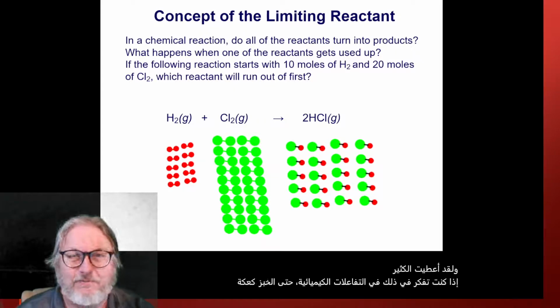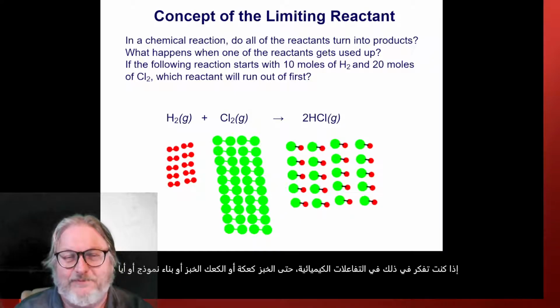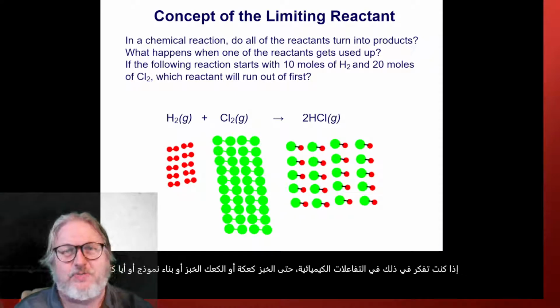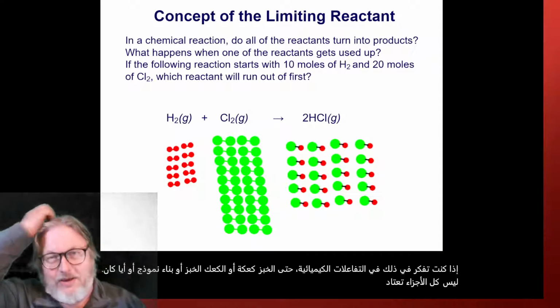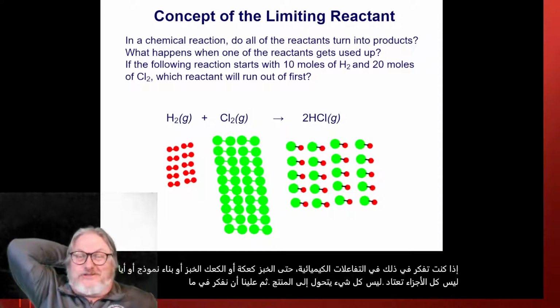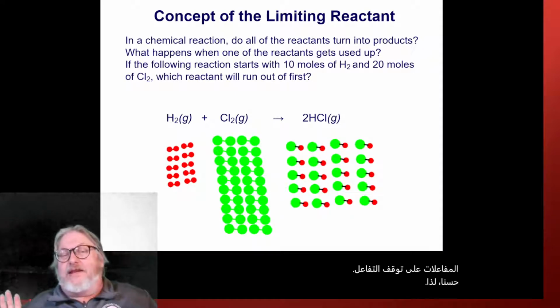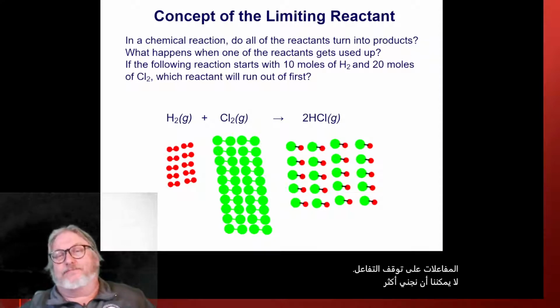Not all the parts get used up. Not everything gets turned into the product. Then we have to think what happens when one of the reactants does get used up? Well, the reaction stops. We can't make any more if I don't have enough pieces.